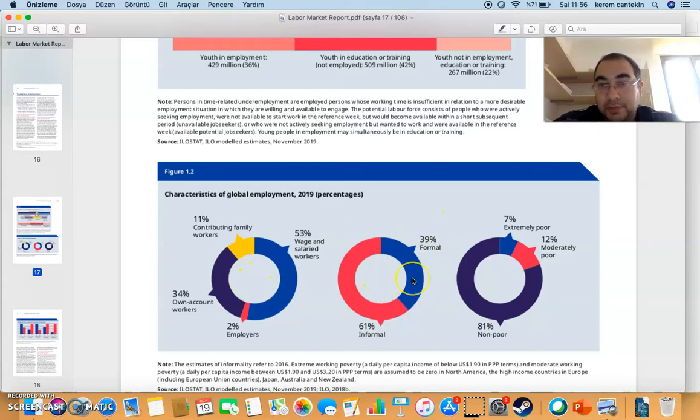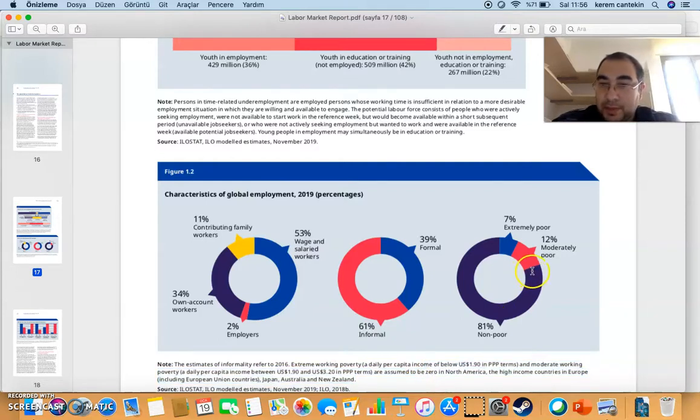And 39% of the people are working in formal jobs, 61% in informal jobs. 81% of people are non-poor, 12% moderately poor, and 7% extremely poor. But note that extreme poverty and poverty are calculated using these numbers.